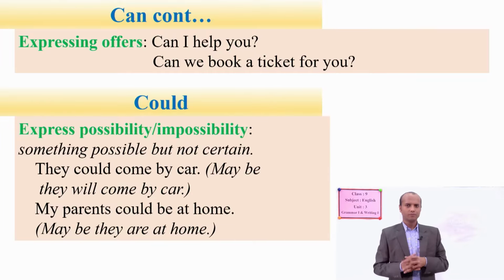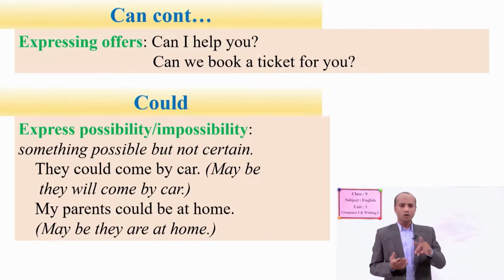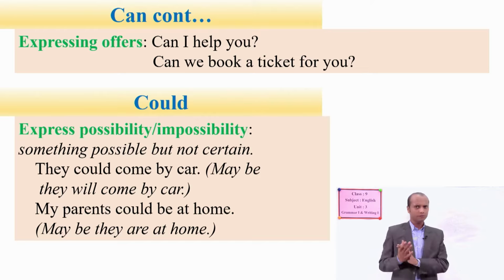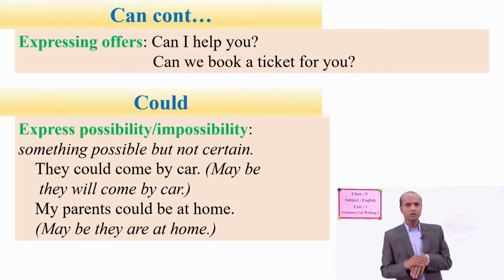Maybe, that means you are not sure of exactly how they will come, but you may say, they could come by car. Or my parents could be at home. I don't know. For example, I am somewhere else, and I may say my parents could be at home. Maybe they are at home. They might be somewhere else as well. You don't know. So it expresses possibility or impossibility.